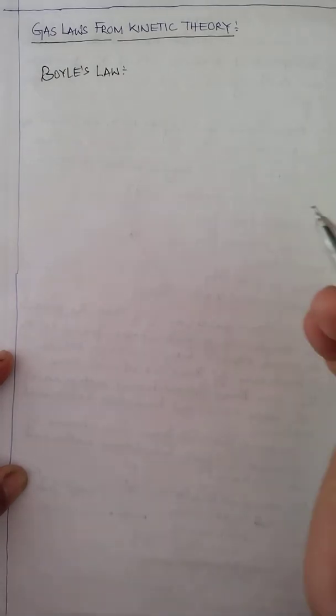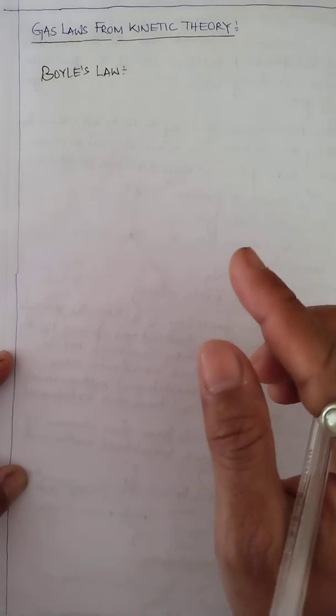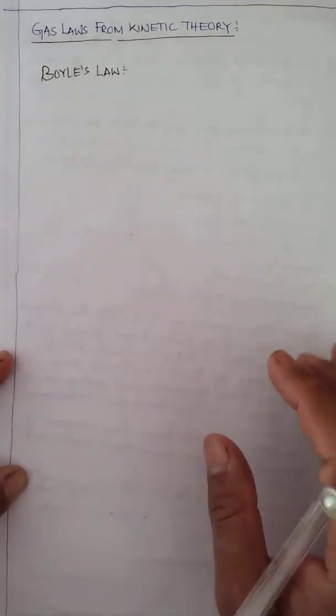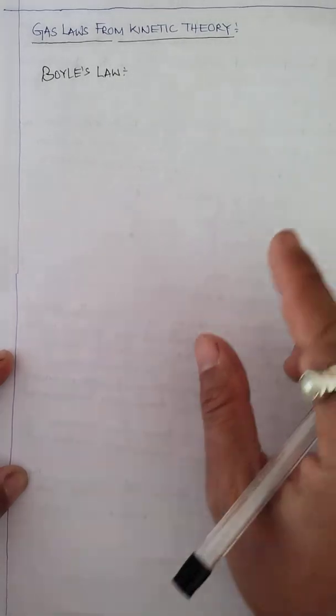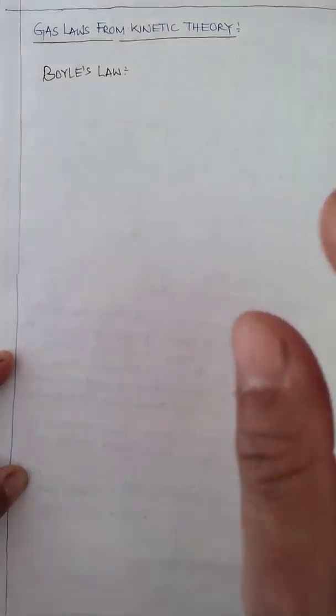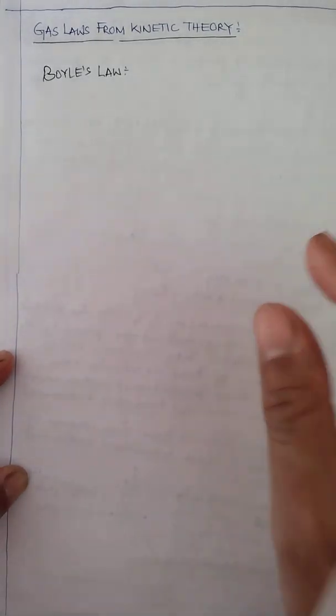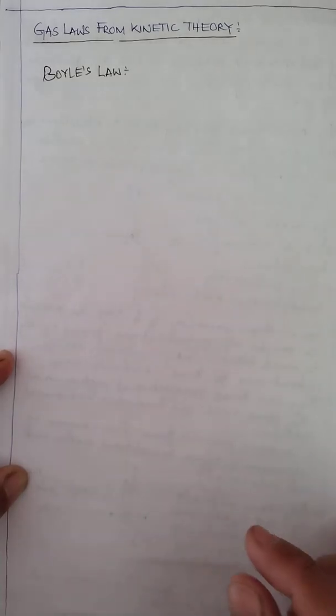If the temperature remains constant, then the pressure and the volume are inversely proportional to each other, so their product is always constant, and this remains constant at a constant temperature.